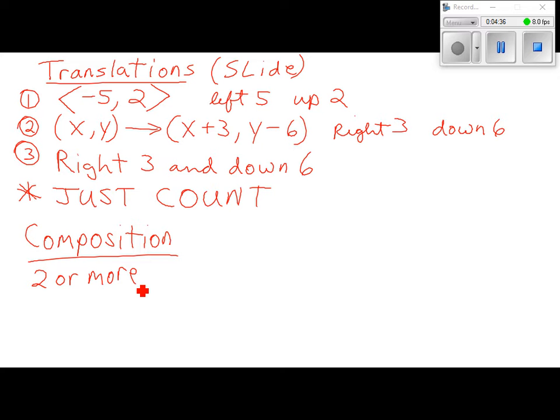It covered this whole chapter. Transformations. Very good. 2 or more transformations. That's an A, not a D. Anything else about translations?